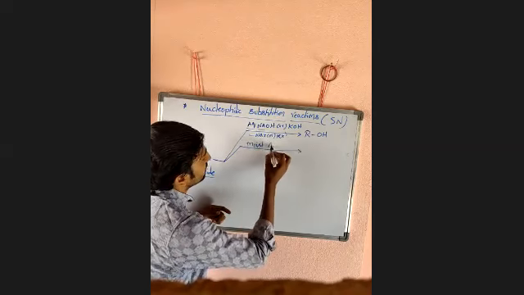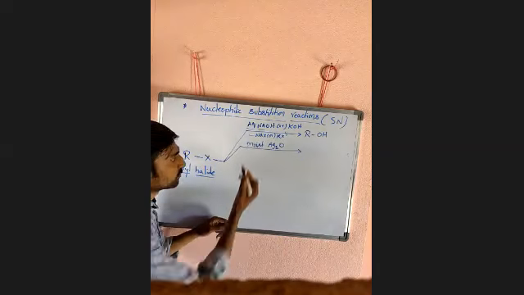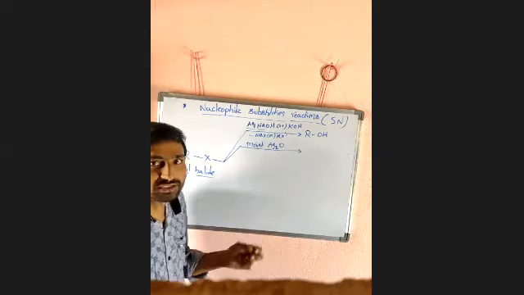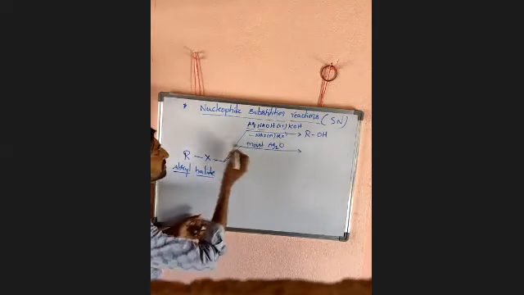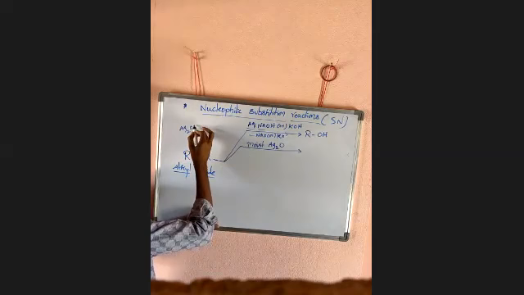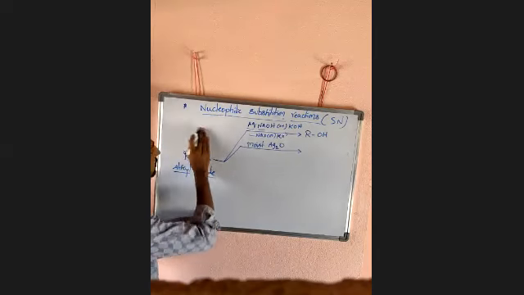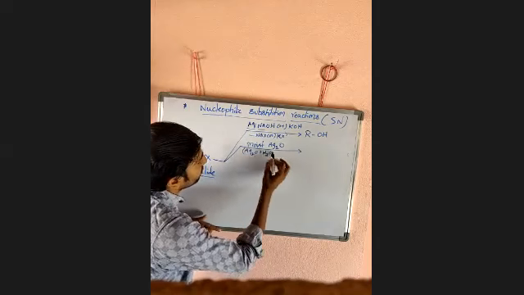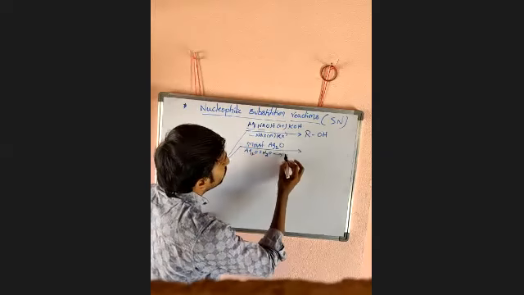Moist Ag2O. Moist means having a certain amount of water. So look here, what happens when Ag2O reacts with water? Ag2O plus H2O, we will get 2 moles of AgOH.